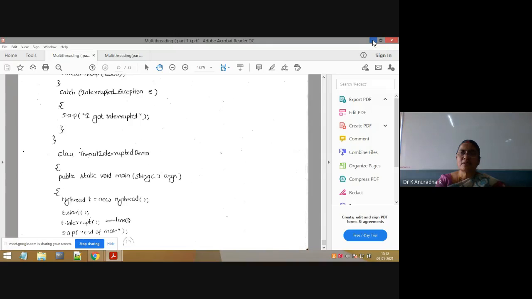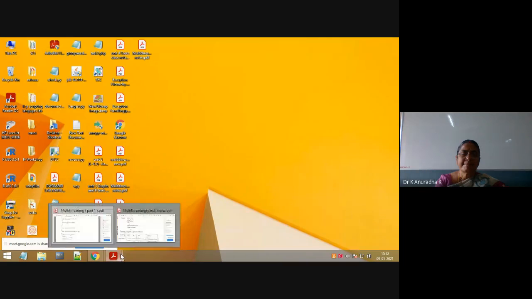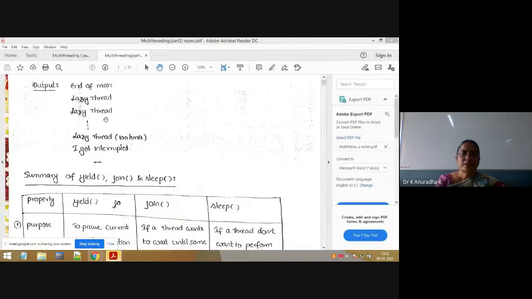For this program, this is the output. First end of main, next lazy thread, lazy thread, lazy thread. Because in the second program, the Thread.sleep method is not inside the for loop, the for loop is completely executed 100 times.